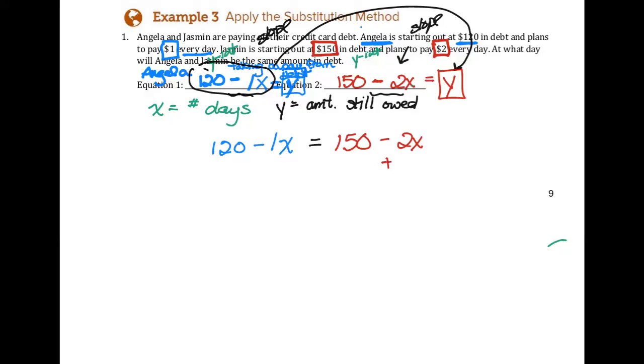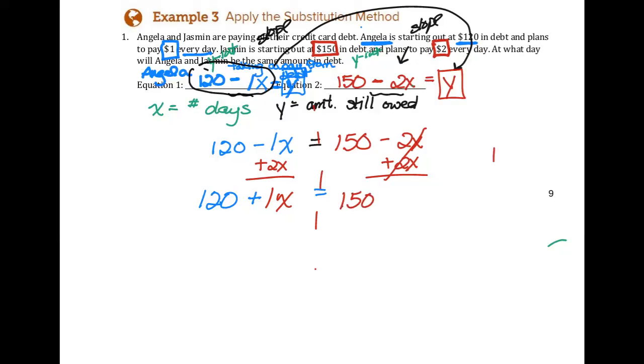Add 2x. And whatever you do on one side, you have to do on the other. So let's add 2x over here. The 2x's cancel on the right, and negative 1x plus 2x is 1x. You can bring the 120 out here. That is a positive 1x, okay? And that's equal to 150.